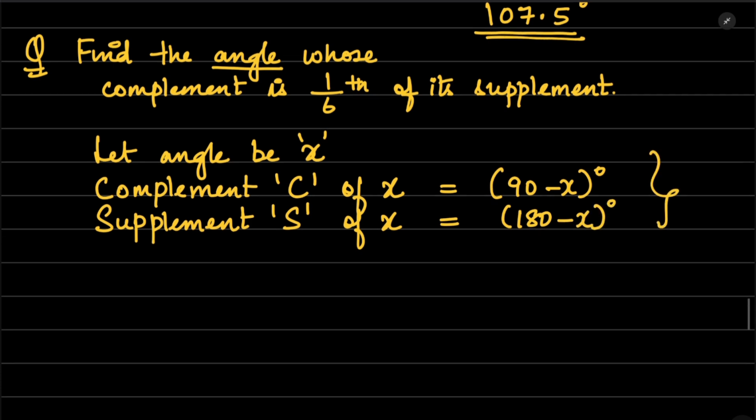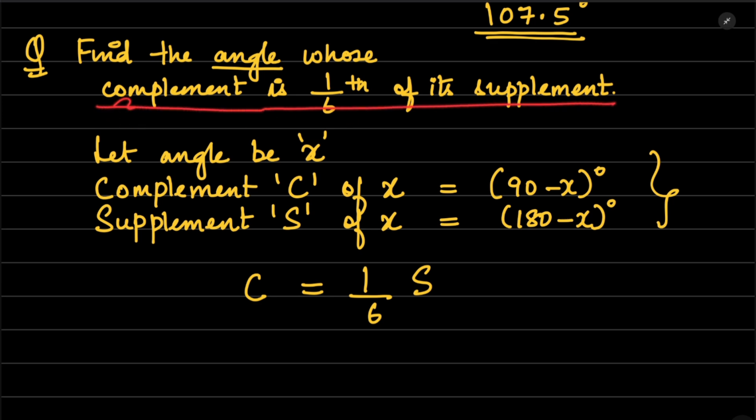Now, according to the question, I'm just going to translate the question. Complement is, okay, so C is complement, is nothing but equal to 1 by 6th of the supplement. This is what is the question. So whatever was the given question, complement is 1/6 of the supplement. I've just translated it into an equation.